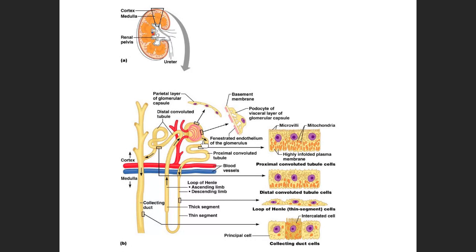These cells are often involved in active transport, so you can see that these cells have a lot of mitochondria. That means these cells require oxygen and nutrients to break down glucose completely to generate ATP to be involved in active transport.